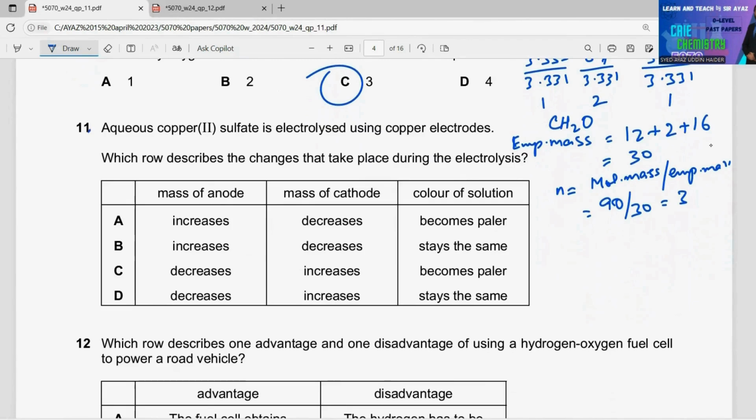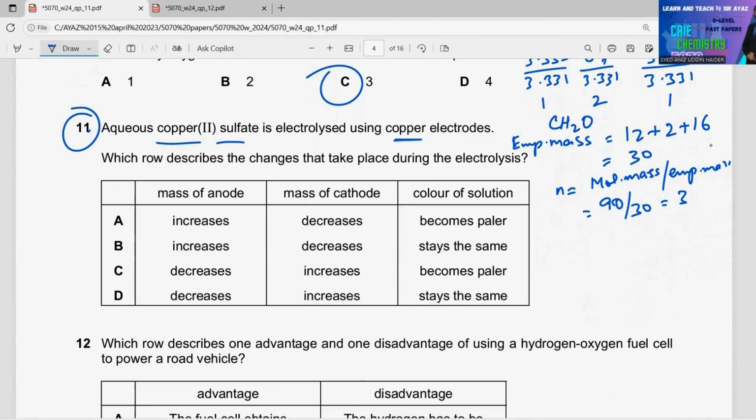Moving to next MCQ, which is 11. Aqueous copper 2 sulfate is electrolyzed using copper electrodes. Which row describes the changes that take place during the electrolysis? So we have aqueous copper 2 sulfate and the electrodes are of copper.